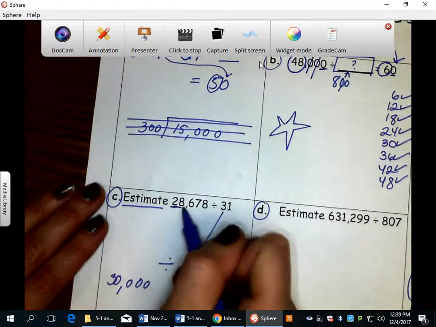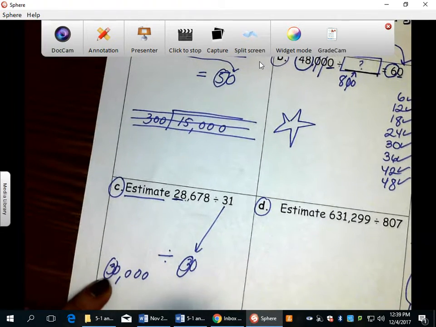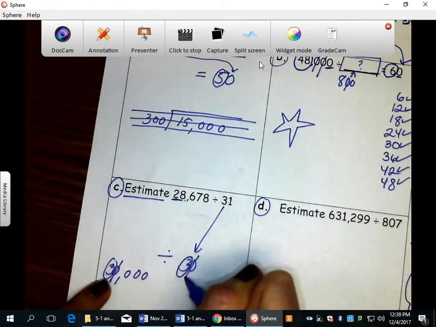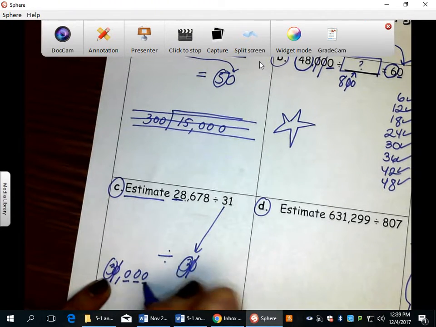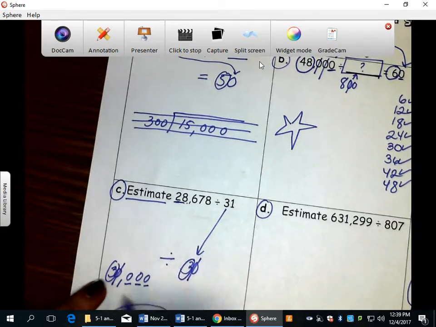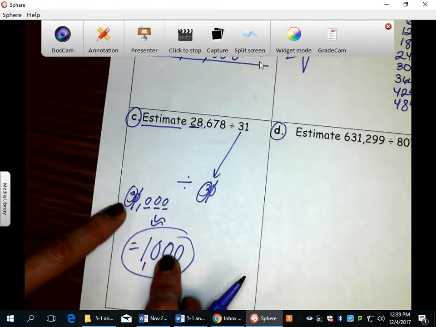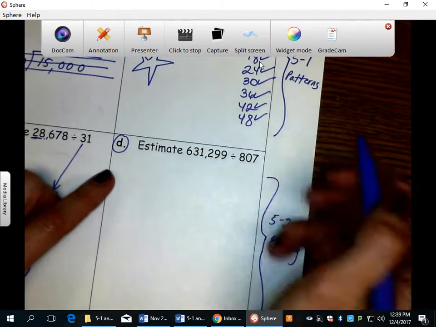Instead of 28,000, I make it 30,000. 3 divided by 3 is 1. Cross out the zeros they have in common. I still have 3 zeros. I'll have to put them in my quotient, or my answer. That is the estimate.